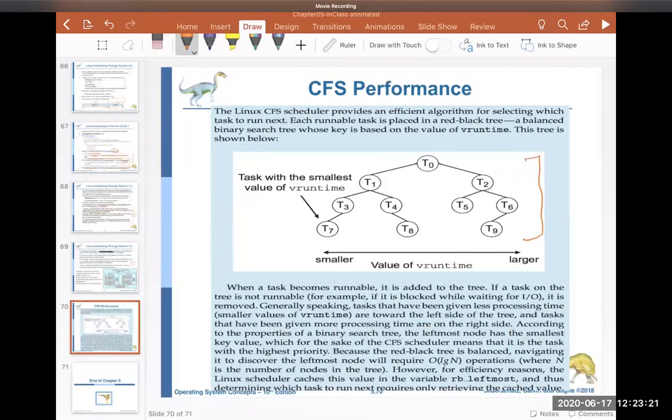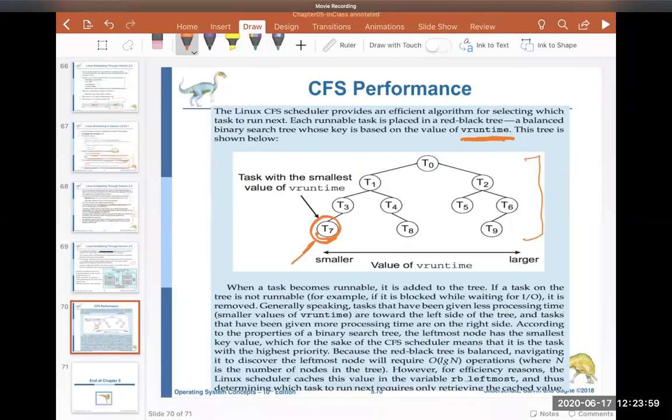This is a balanced binary search tree that is created based on vRuntime. vRuntime, as we discussed, is lower for higher priority tasks and higher for lower priority tasks. The task with the smallest value of vRuntime would always be added to the left side, because it's a balanced binary search tree, and the scheduler would always pick the task which is there.